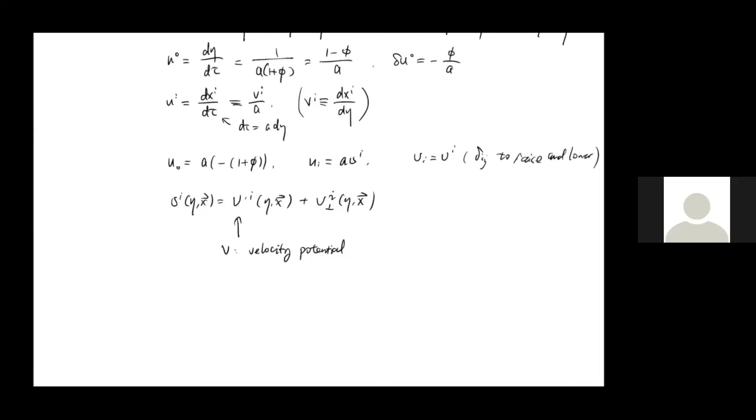Let me just make it clear, this is the symbol of the perpendicular. And this V is called the velocity potential, which will be very important in defining gauge invariant variables.